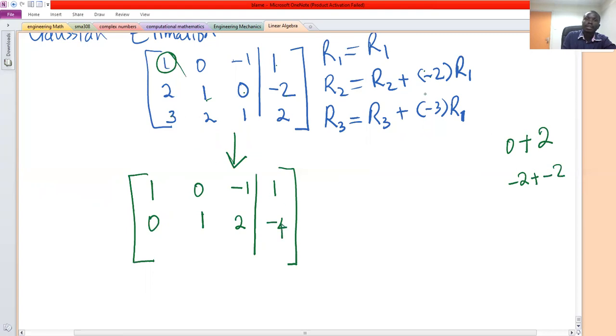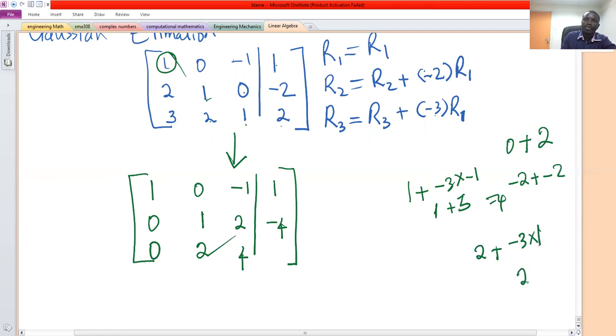Then 3 plus minus 3 times 1 is 0. 2 plus minus 3 times 0 is 2. 1 plus minus 3 times minus 1 is 3, so it will be 4. And 2 plus minus 3 times 1, 2 minus 3 is minus 1.